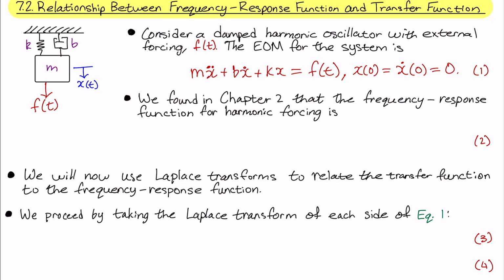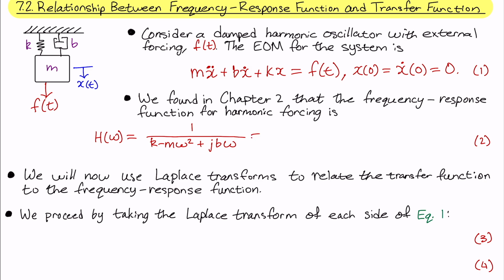So in chapter 2 of our notes, we found that the frequency response function for harmonic forcing of the system is the function h of omega is equal to, for this system, the fraction with 1 in the numerator, and then in the denominator we're going to have k minus m times omega squared, that's our real part, plus j times b omega, and that's the complex part.